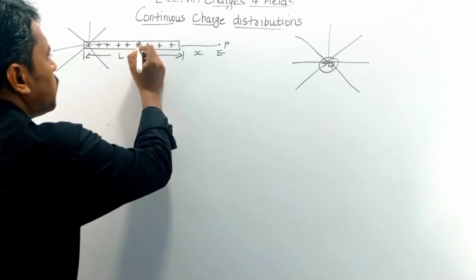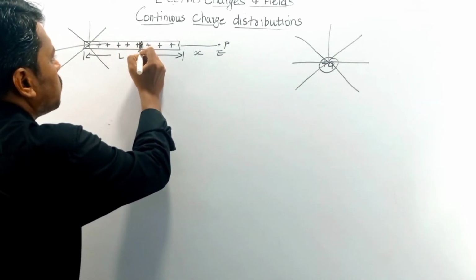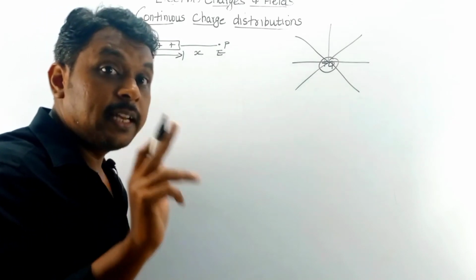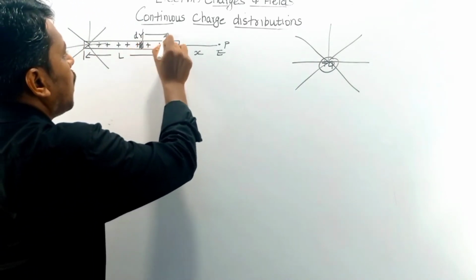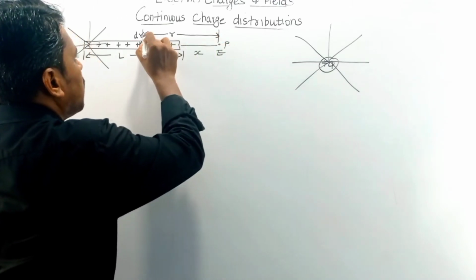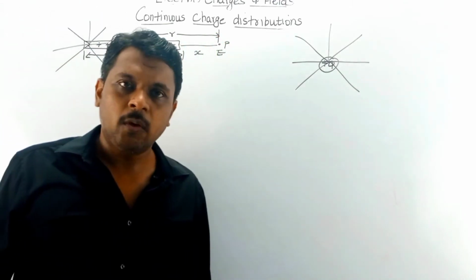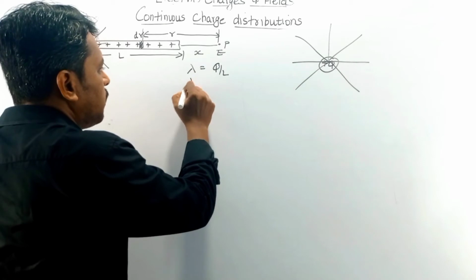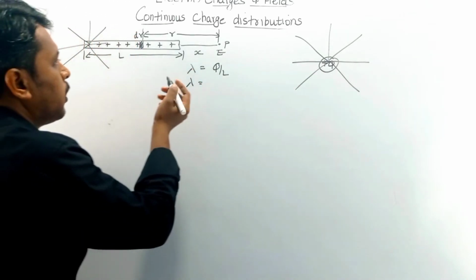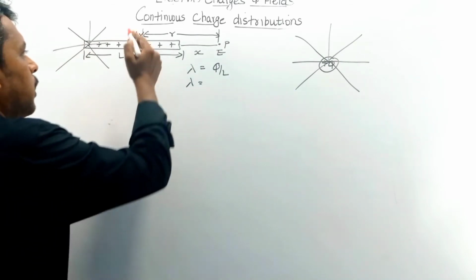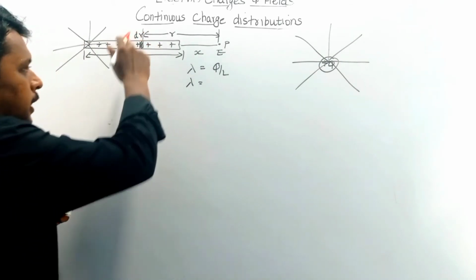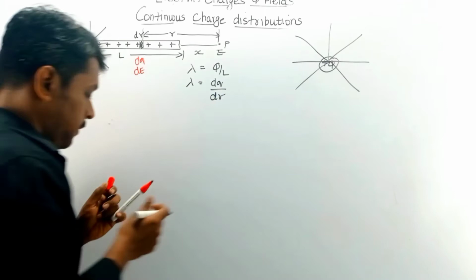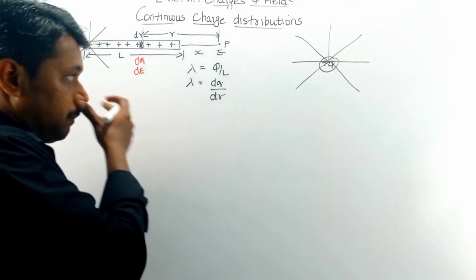For this we consider a very small element, dr, placed at a distance r from the point P. Here I am also going to introduce a term lambda, the linear charge density, Q by L. For this small element, the charge is dq and the electric field is dE, and the length is dr.